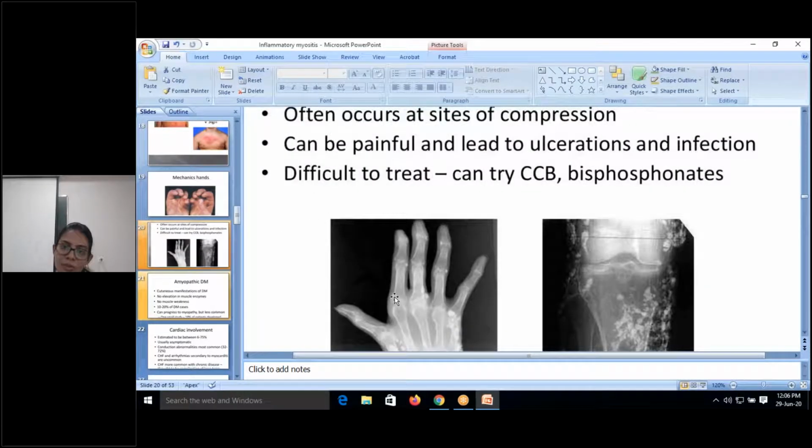See, this is calcinosis cutis. In the picture you are seeing, this is dermatomyositis-related calcinosis cutis. The other one is calcinosis cutis because of scleroderma. They are not this bad. If I have a picture of scleroderma also, I'll show you.